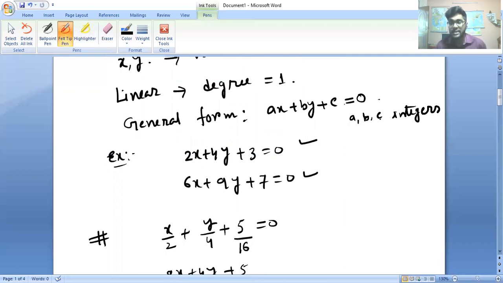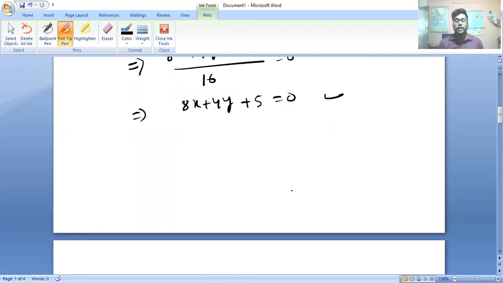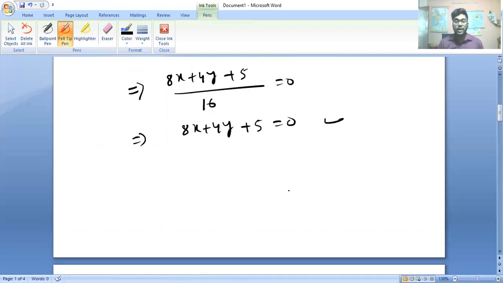How to solve? That is the next part. So a, b, c should be integers. Integer means 0, plus minus 1, plus minus 2, and so on. Fine. So we have discussed what is a linear equation, we have discussed a pair of linear equations, and how to convert any linear equation into the standard form or general form.